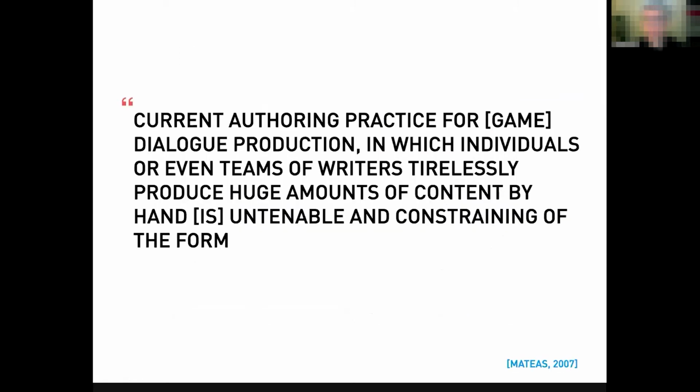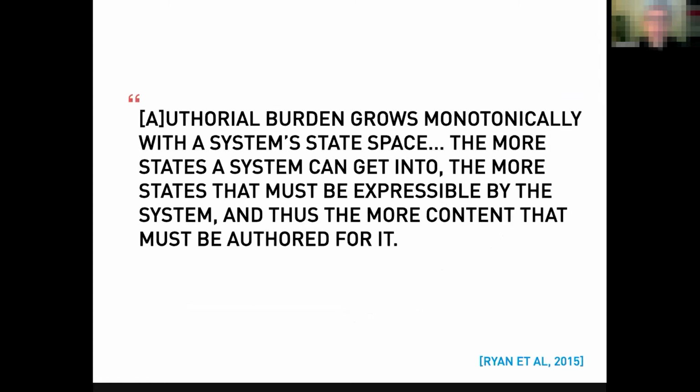I won't read through these quotations due to time constraints, but many of these challenges have been previously noted by researchers, here by Mateas in 2007, here by Ryan et al. in 2015.